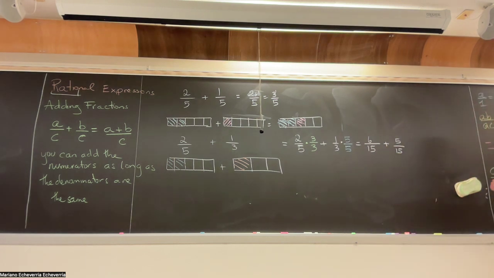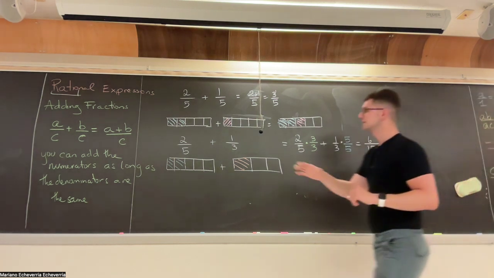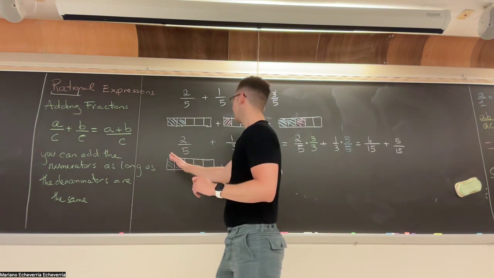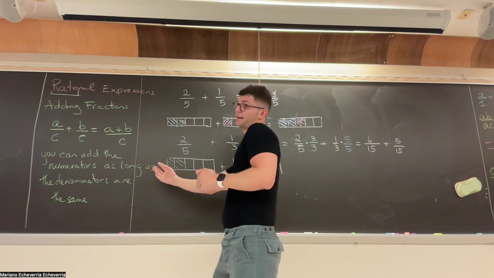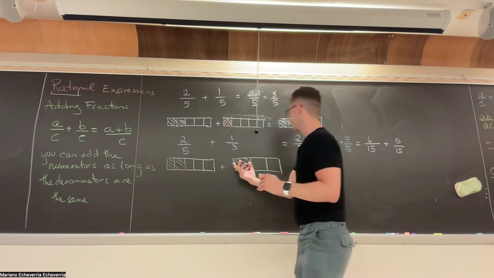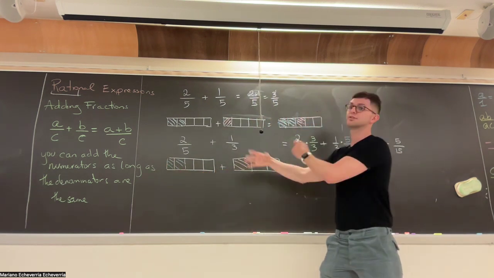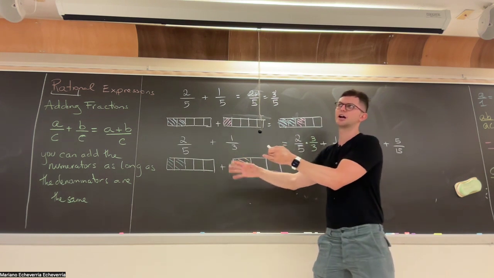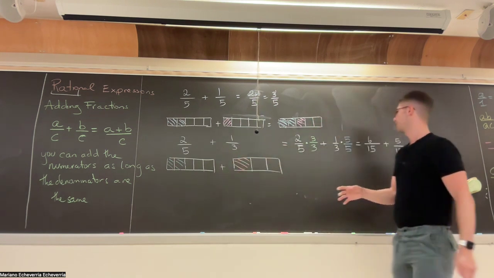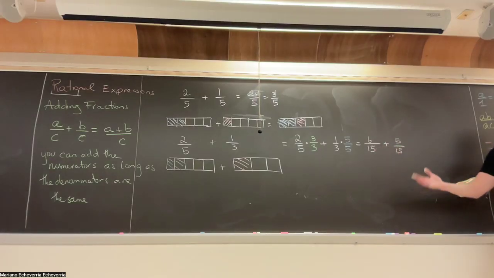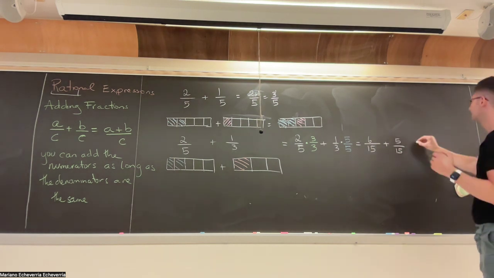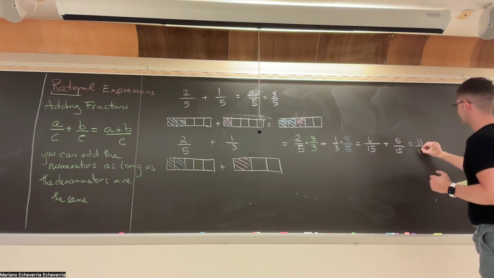Essentially it's like a conversion: since this ruler has been broken into 5 pieces and this one into 3, you chop each of these into 3 mini blocks and these blocks into 5 mini blocks, so that there's a common cut to both of them. Once you have it in this format, you can just add them numerically by adding the numerators, 6 plus 5 is 11. So that would give you 11/15.